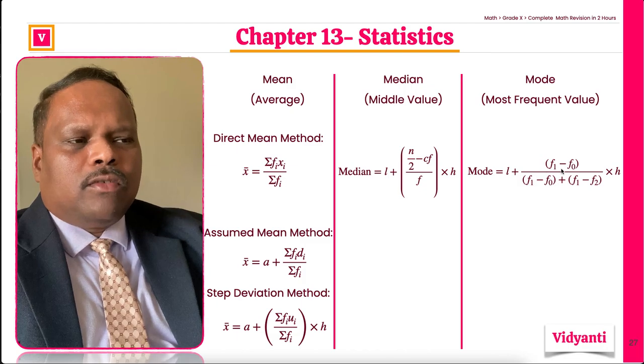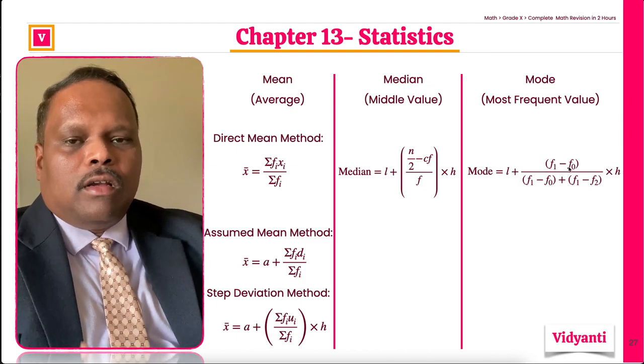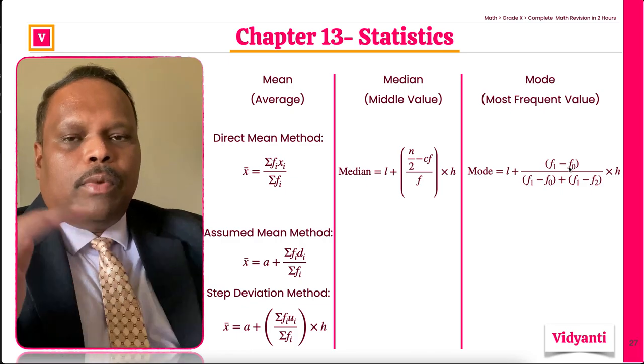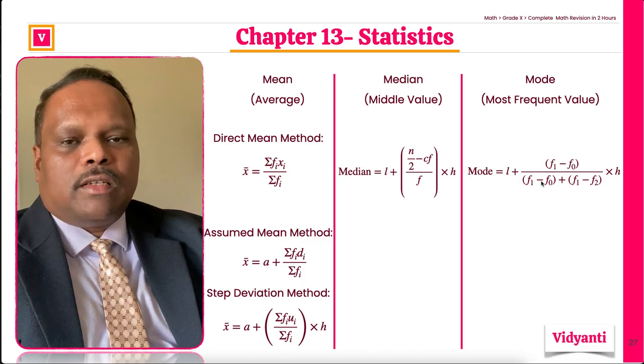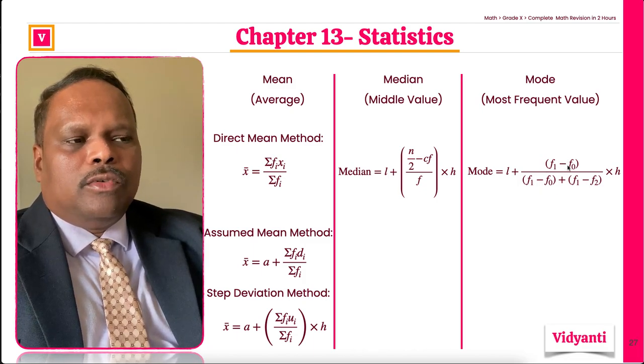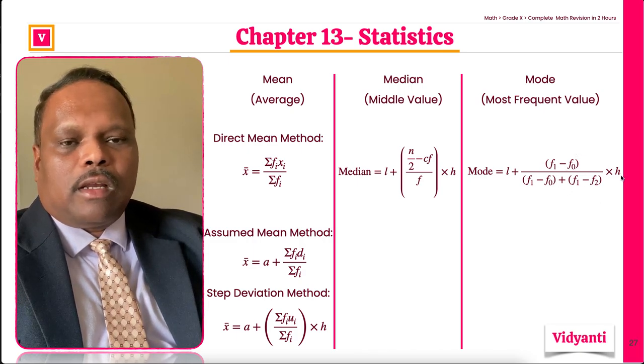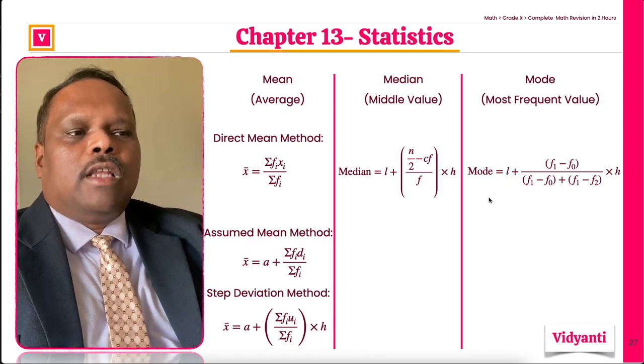Well, I prefer this way because we calculate the differences from the previous class interval and the next class interval. So this is the difference from the previous class interval, again previous class interval and next class interval. So if you calculate their relative strength, multiply that by the class interval, add that with the reference line, which is the lower limit of the class interval, that will give you the mode value.